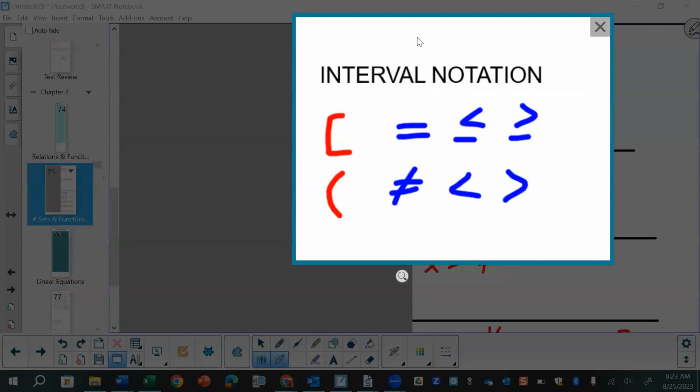Okay. Anytime there's an equal sign, use bracket. Anytime you don't have an equal sign, parenthesis. Anytime you have an equal sign, greater than or equal, less than or equal, plain old equal, bracket. And no equal signs, parenthesis.